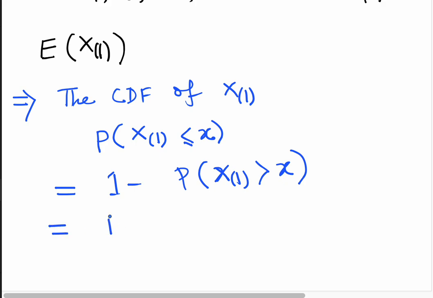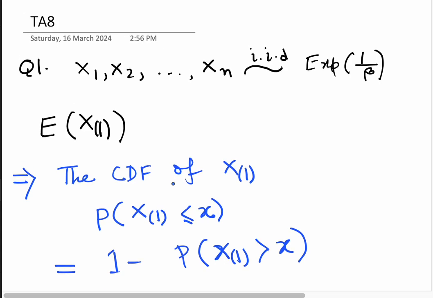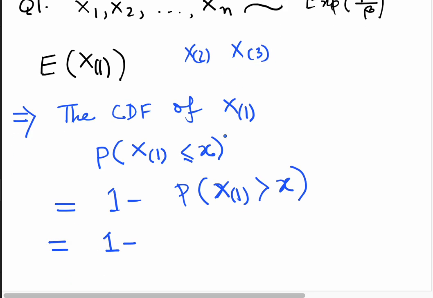This means 1 minus the probability that, in order statistics, all the other n minus 1 variables, x2, x3 and so on, are greater than x. If x1 is greater than x, that implies x2, x3 and all n variables should also be greater than x.